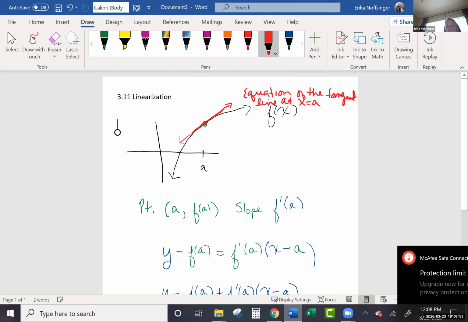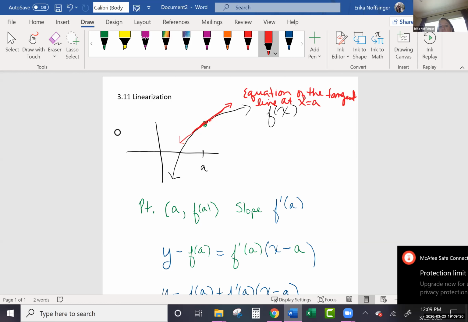So what we're going to be doing is, we might have some complicated function and we might want to figure out what some value is of that function which is near a point. If we choose some point that is really, really close, going back up to my function, we could actually estimate it by plugging it into our tangent line.